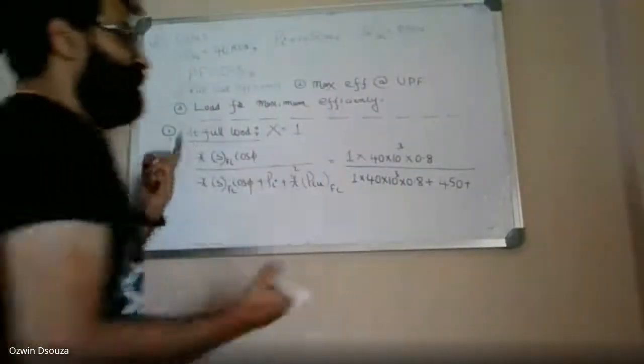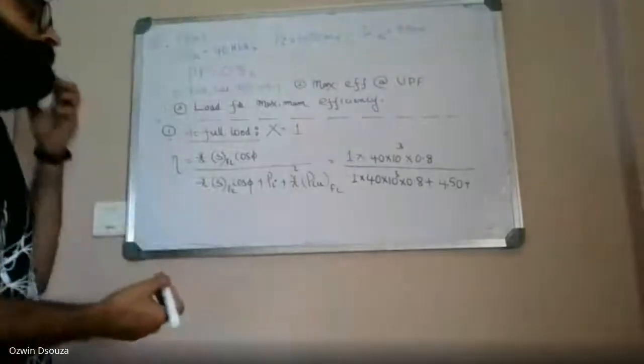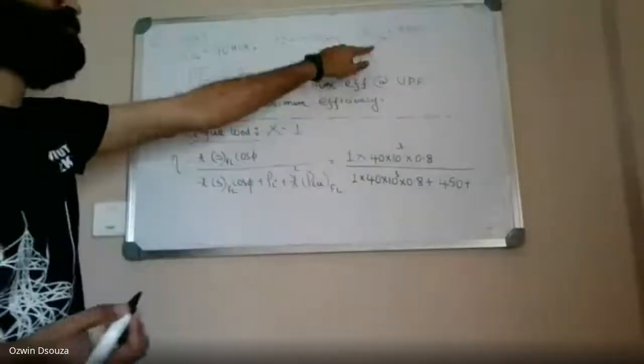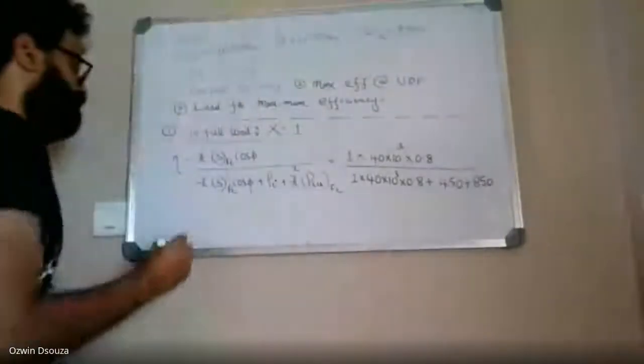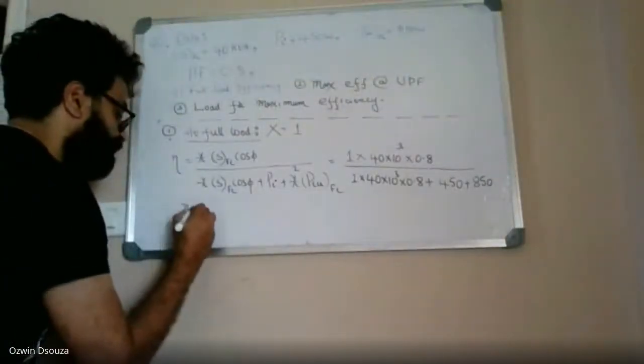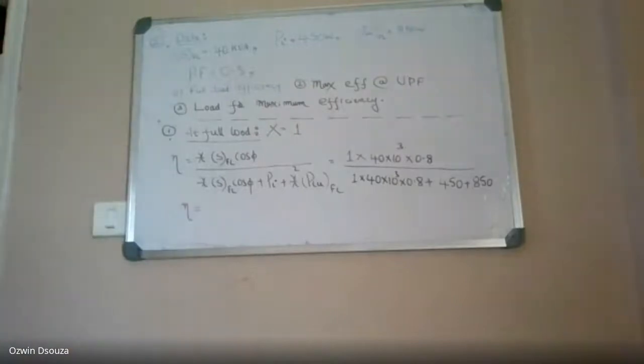So X is 1, so it is 1 square, 1 into PCU full load. So PCU full load is given as 850. So substitute this and try to get the value of efficiency.